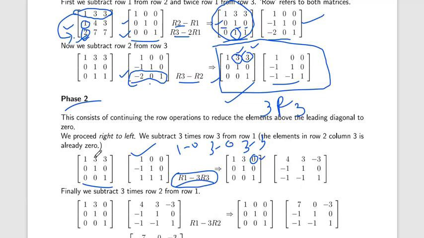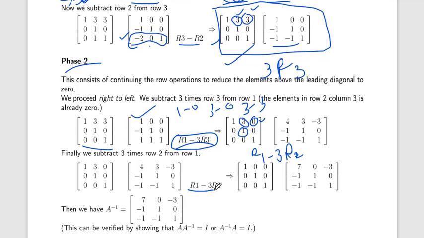Okay. Now only this value remains, so we want to transform it into 0. How do we do that? R1 minus 3R2. Why do we take R2 as the row? Because you can see that here the value is 1, so if we multiply by 3 and subtract from the first row, we will get 0.